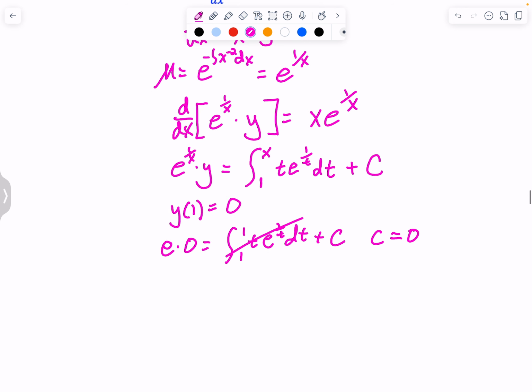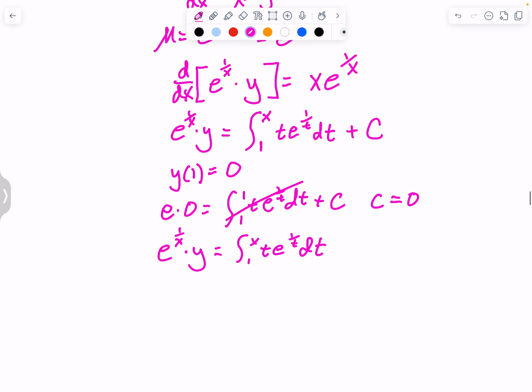Okay, so then we get e to the 1 over x times y equals the integral from 1 to x of t e to the 1 over t dt. And then now I can solve for y, and it'll be in the right form. So y equals, and I'm just going to put this out front, it can't go in, the integral from 1 to x of t e to the 1 over t dt. You could use anything you want for that t. All right, and that is our final answer.